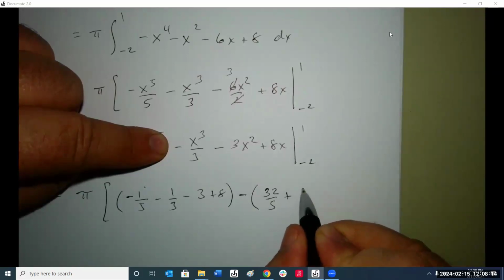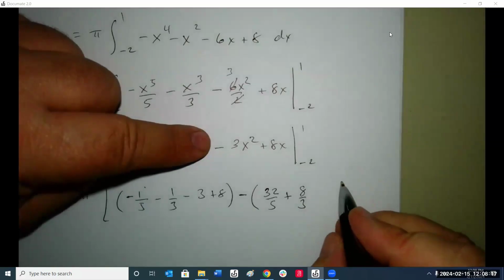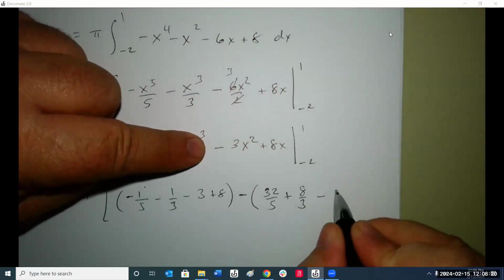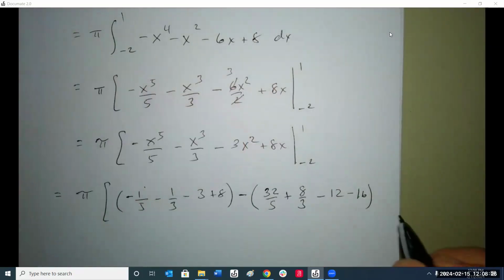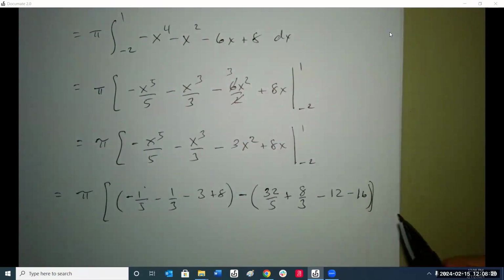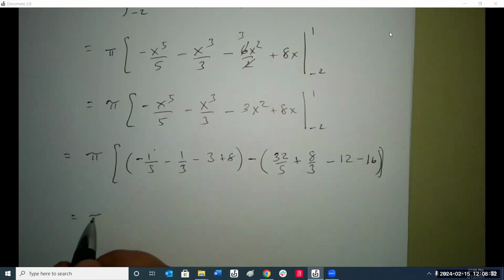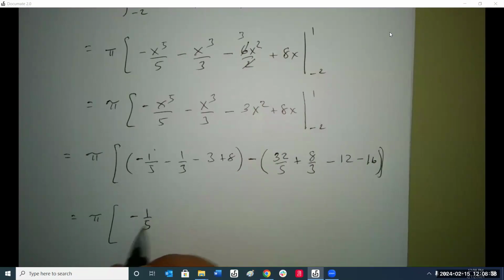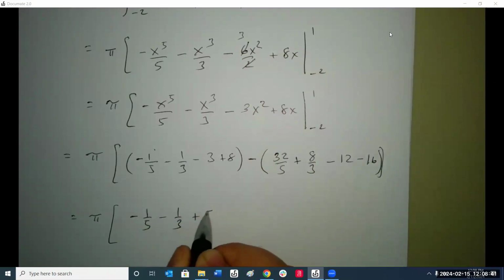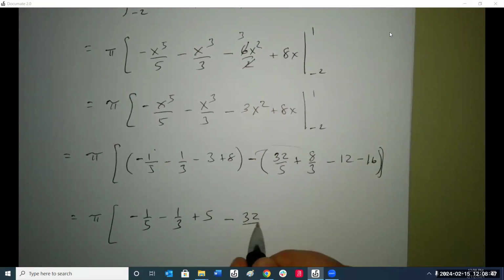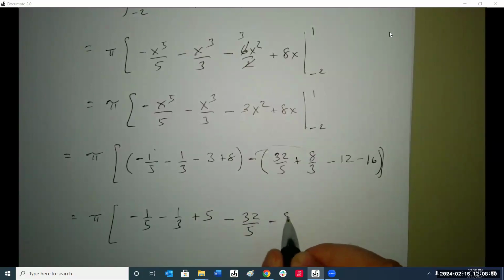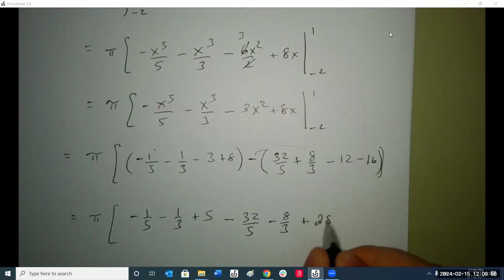It's a positive 8 over 3, minus 12, minus 16. Distribute. Negative 32 over 5, negative 8 over 3, positive 28.